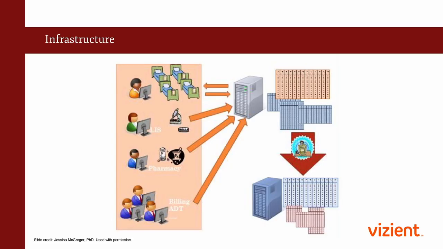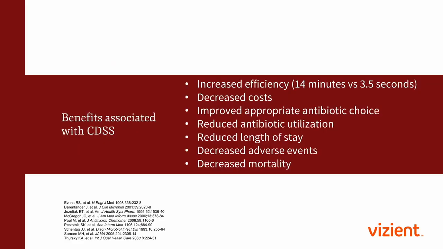Now large numbers of patients can be reviewed, and the frequency in which these interventions can be applied goes up substantially. Now that we have reviewed the technical aspects of these products, let's discuss the benefits of using an electronic system to help identify antibiotic stewardship opportunities. One of the main advantages of using technology to identify antibiotic stewardship opportunities is efficiency. An early study published in the New England Journal of Medicine evaluated the impact of a newly developed electronic clinical decision support tool on antibiotic-related interventions in an ICU.